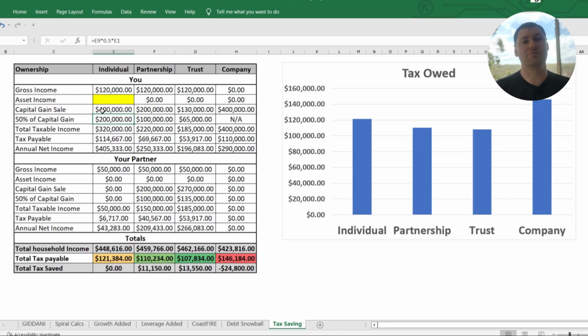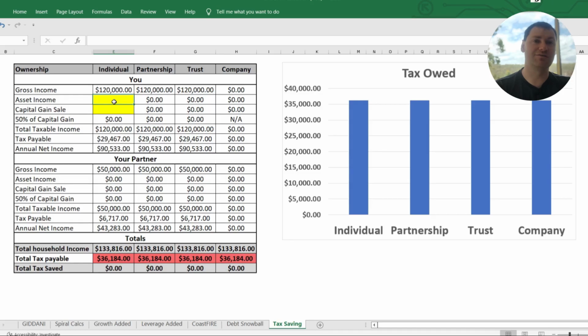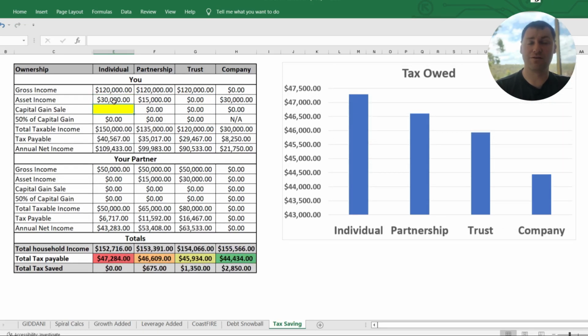But equally, you might go, well, you know what? I might not have sold something this year, but I might have an income of $30,000. What is the best structure to use to maximize my tax effectiveness if I had an income of $30,000 from my assets for the year? And this would start to tell you which is the best way to do that.